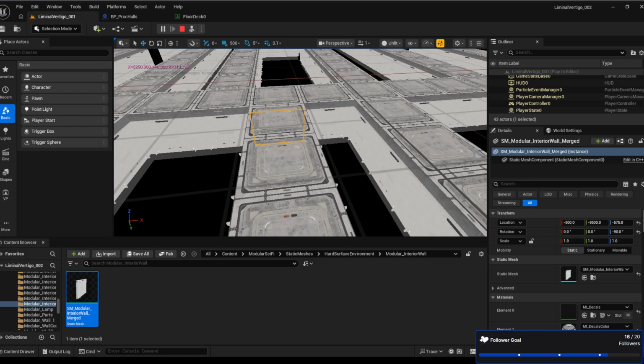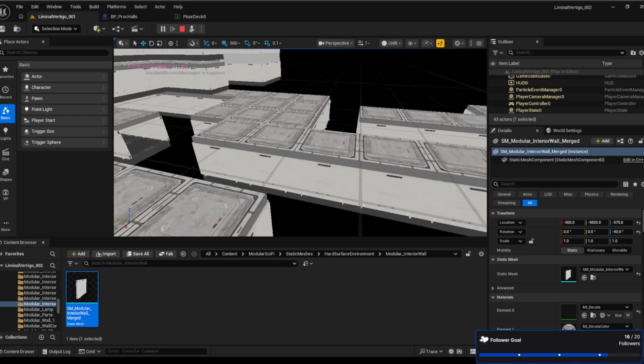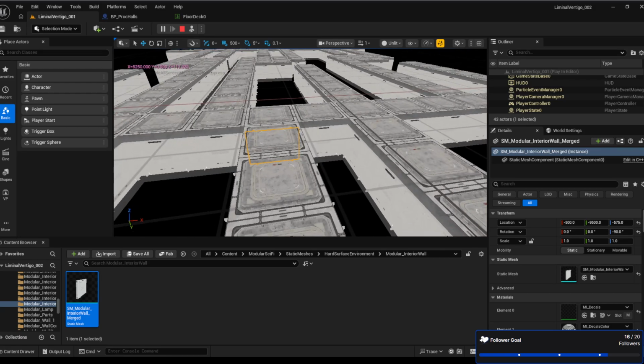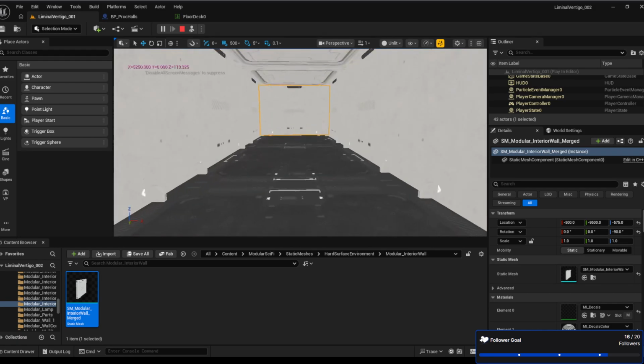Oh my gosh, this is so confusing. I really need to put comments. So anything that says negative 9,500 on the X with negative 90 for a wall.